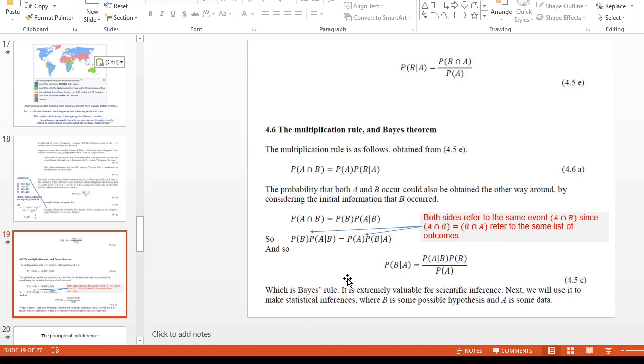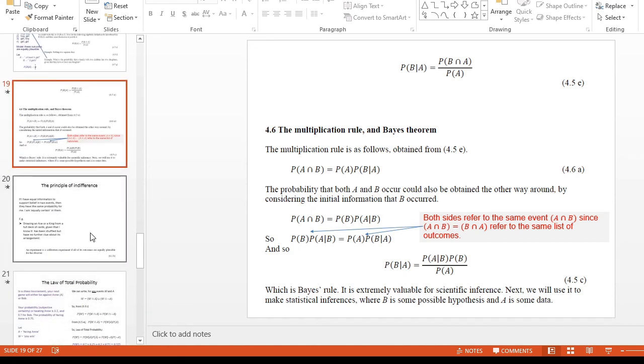The next section of the course will be using it to make useful statistical inferences. As I said, where the event B describes some possible hypotheses. These could be predictions or explanations, and A is some data.